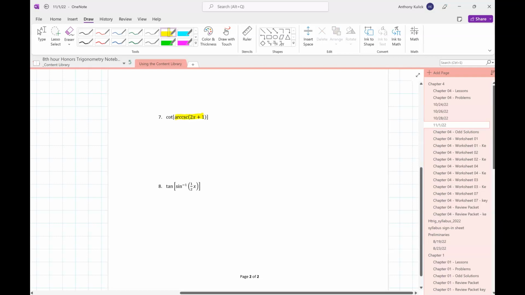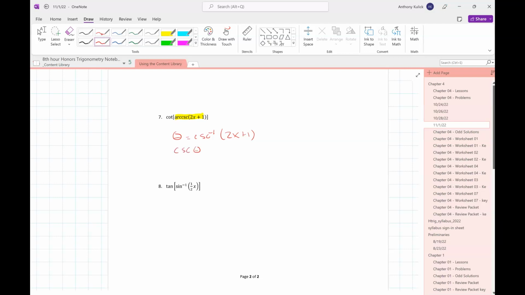So on these, we want to start from the inside. So we have theta equals cosecant inverse of that. Remember, arc cosecant is the same as cosecant inverse. So that's the same thing as saying cosecant theta should equal 2x plus 1.